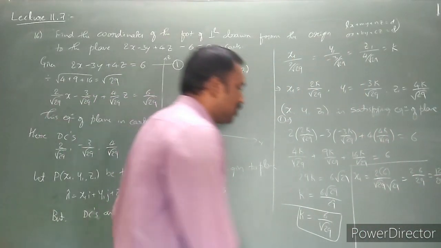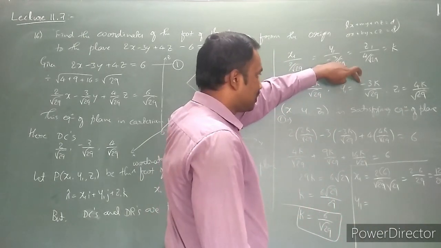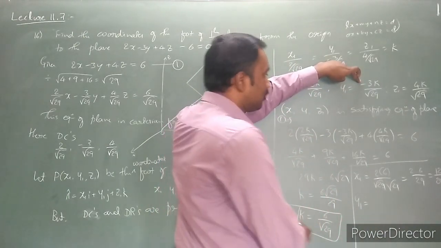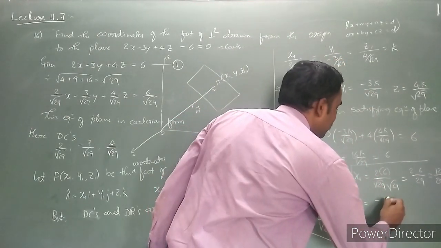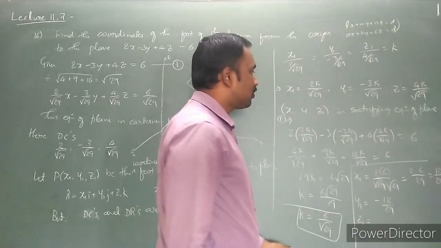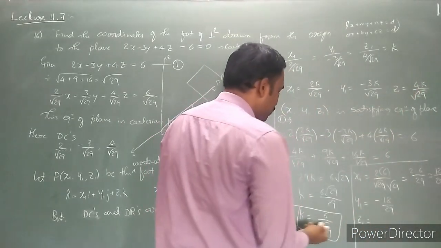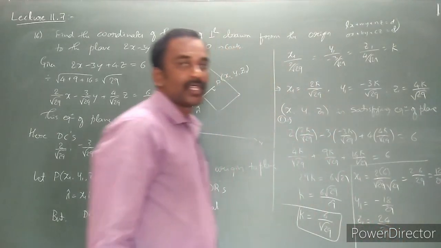Are you all clear? Similarly, y1 is equal to minus 3 into 6, that is minus 18 divided by 29. z1 is 4 into 6, that is 24 divided by 29.